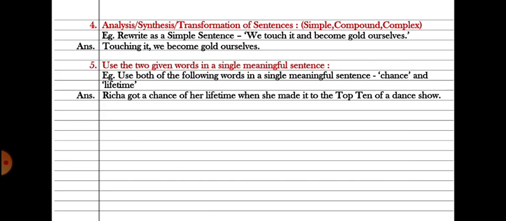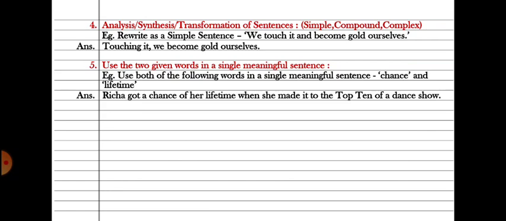Sentences are generally of 3 kinds based on their structure: simple, compound and complex. A simple sentence is the one which has a subject, predicate and a finite verb. It is a single independent clause. For example, the sun shines brightly. Compound sentences.